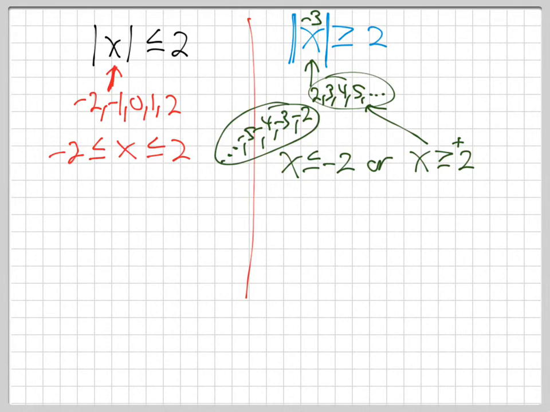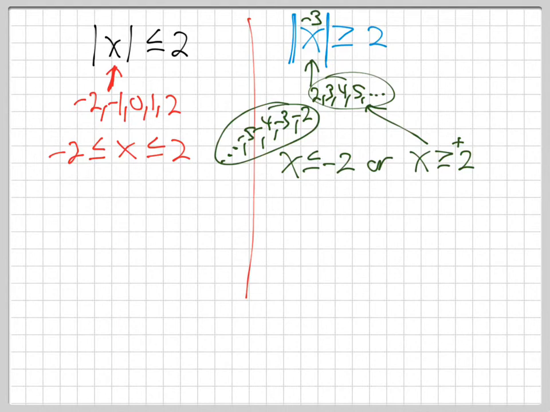You see the truth of that? All the negative numbers, -2 or below, less than or equal to -2, right? Those are all the numbers -2 or less, more negative. And these are all the numbers 2 or bigger, greater than or equal to 2. It's 2 separate lists of numbers that would make that true.